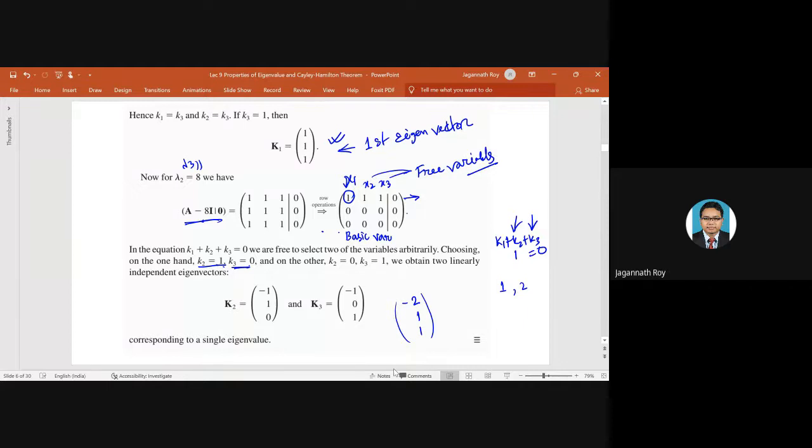This is 1, this is 2. So this will become the eigenvector, let us call it EV. EV is this one, so here k1 will be minus 3, 1 and 2, of this form.